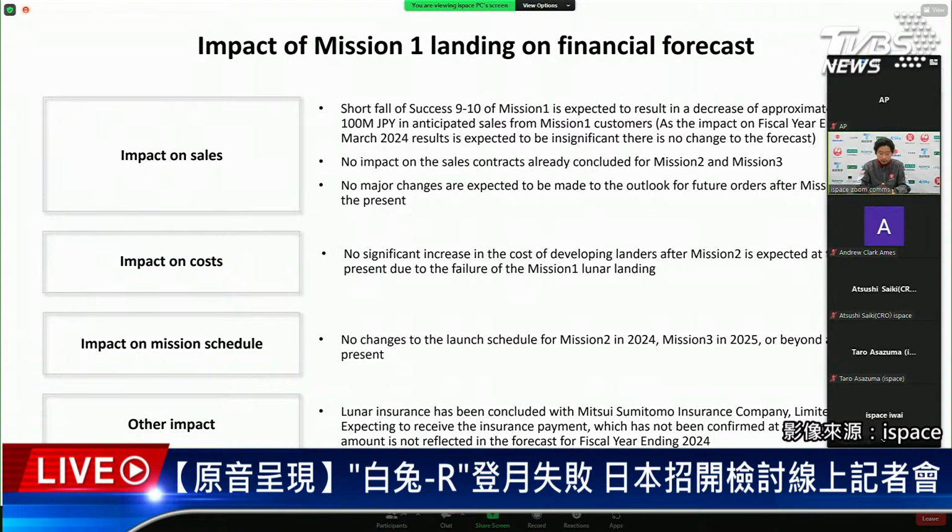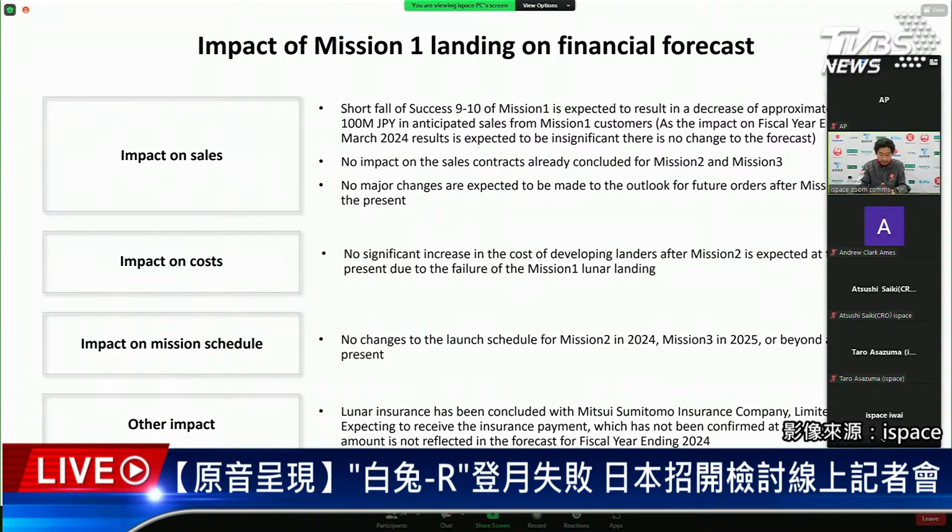We also don't have any impact on the sales contracts already contracted for Mission 2 and Mission 3, and we don't expect any major changes to the outlook for future orders of Mission 2 and further missions. On the cost side as well, as Ryo explained briefly, we don't expect any significant increase in cost.